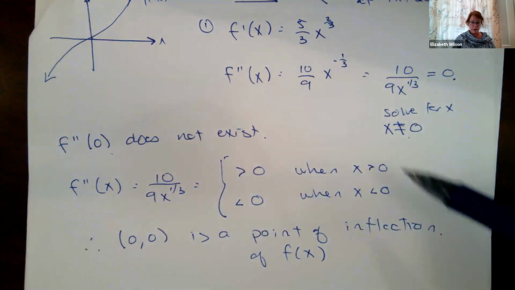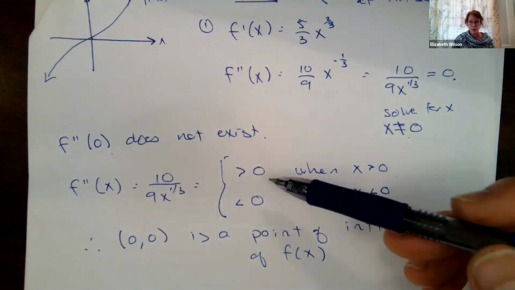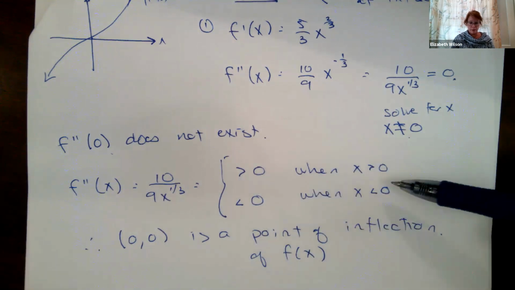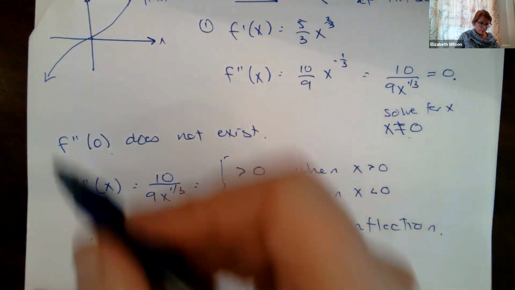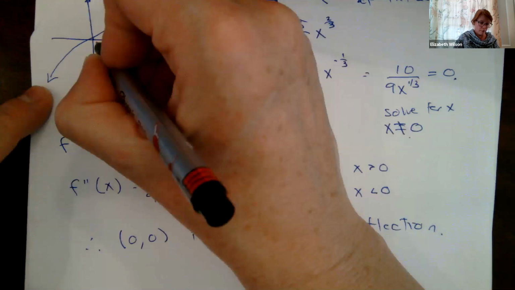And in point of fact, my second derivative does change sign, from positive to negative, which means I'm dealing with a point of inflection.